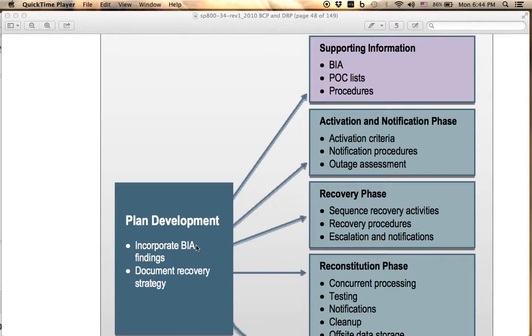So the contingency plan will activate upon the crisis declaration by the crisis management committee.